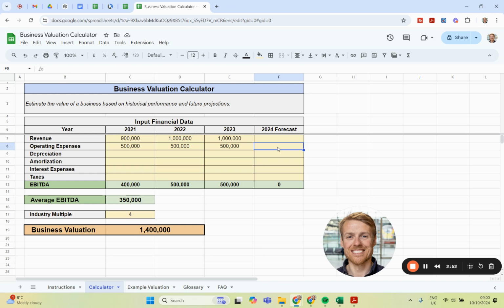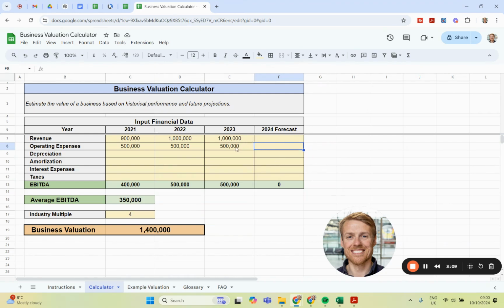Now, where it becomes a little bit more complicated, and I'm using that very lightly here because I don't think this is overly complicated, is when it comes to looking at what we think the business is going to do in its current or next financial year. So at the time of recording, it's October 2024.